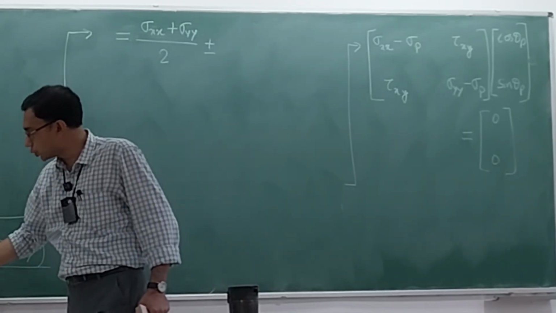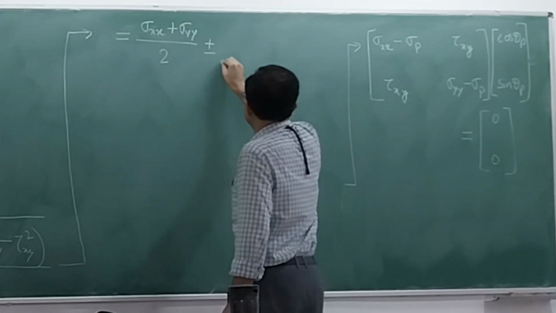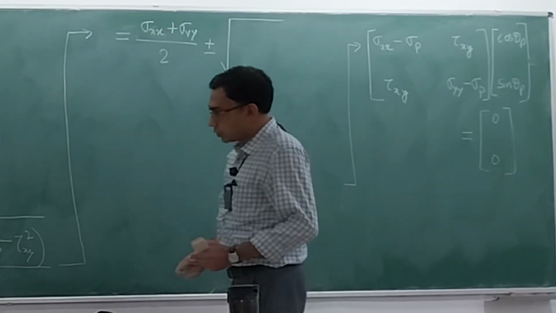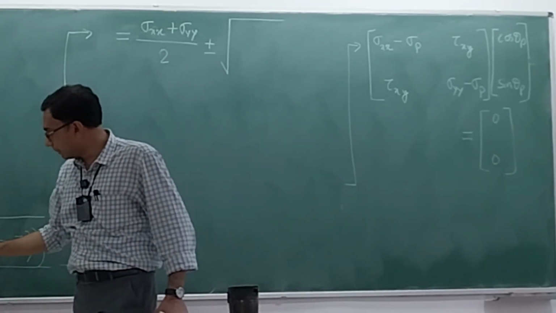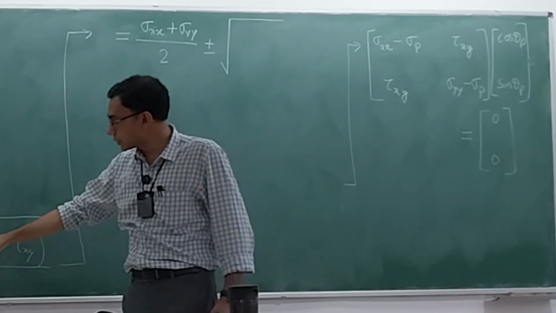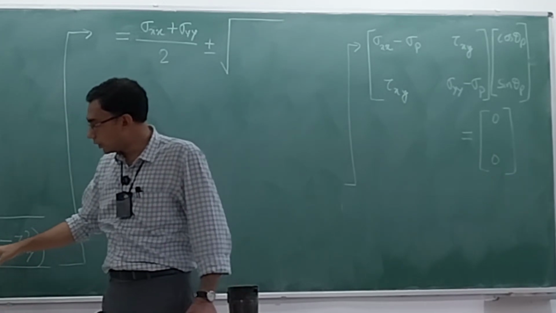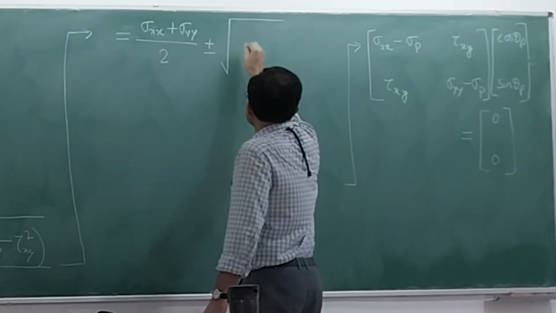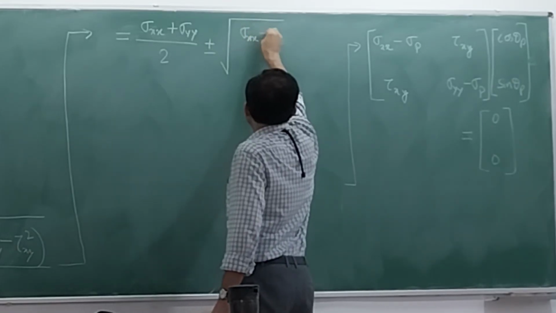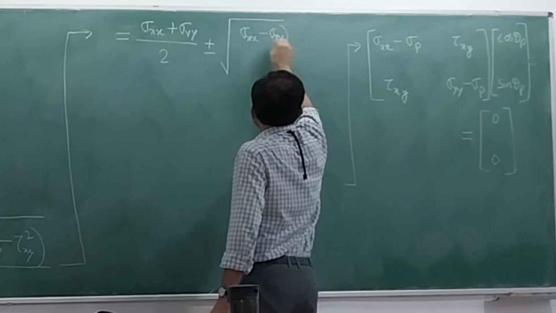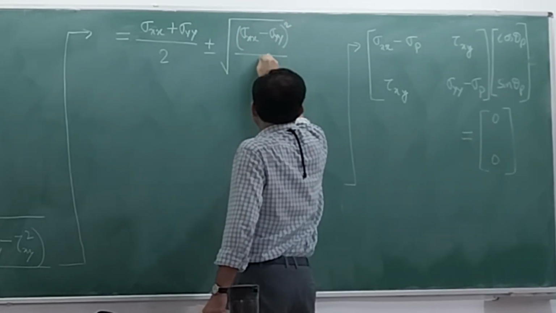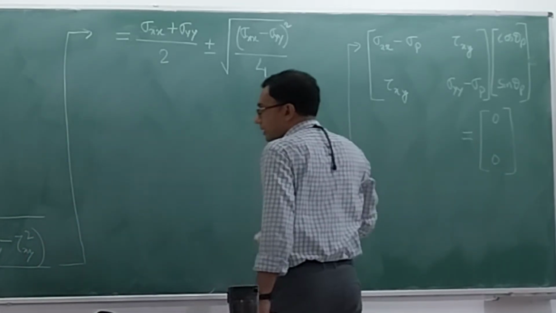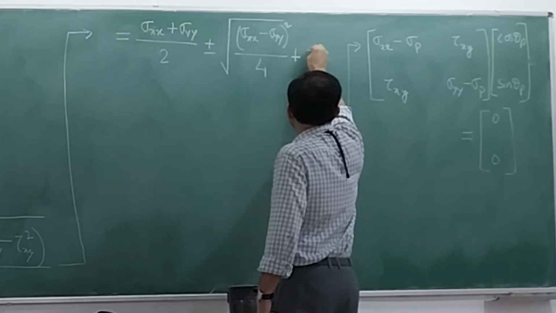I also want to take this 2 inside the square root. Also note that this is a plus b whole square minus 4ab, minus 4 sigma xx sigma yy. So overall this will be sigma xx minus sigma yy whole square by 4, and that is minus 4 tau xy square, that is plus 4 tau xy square divided by 4, that is tau xy square.